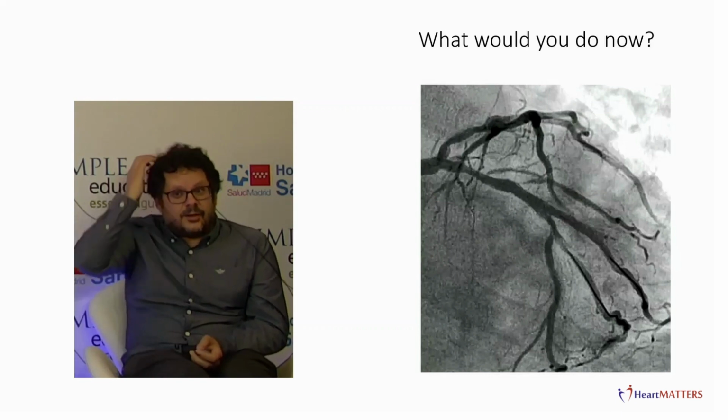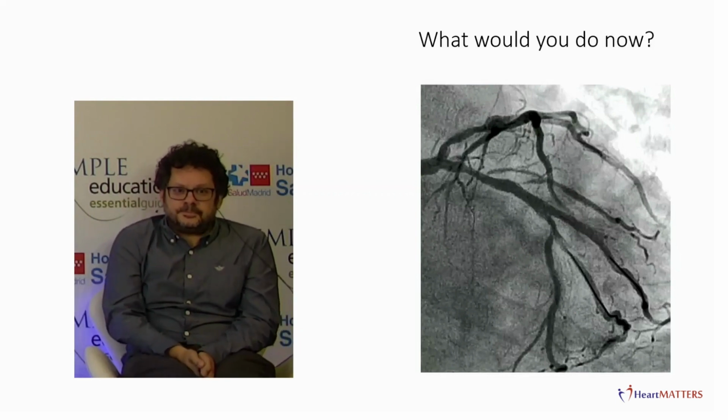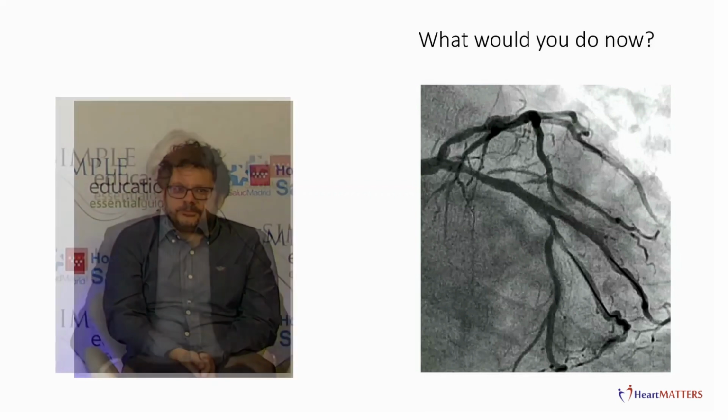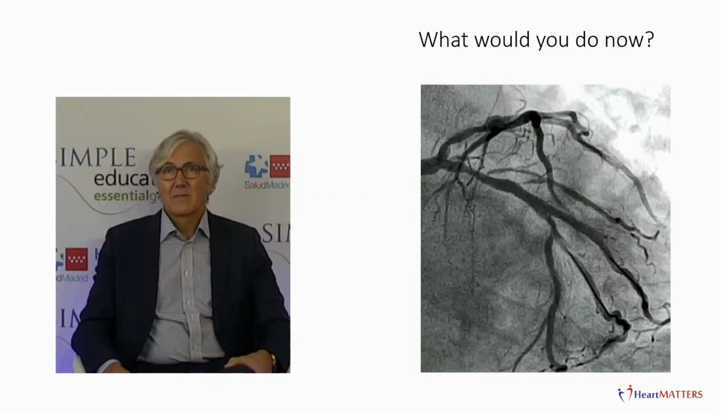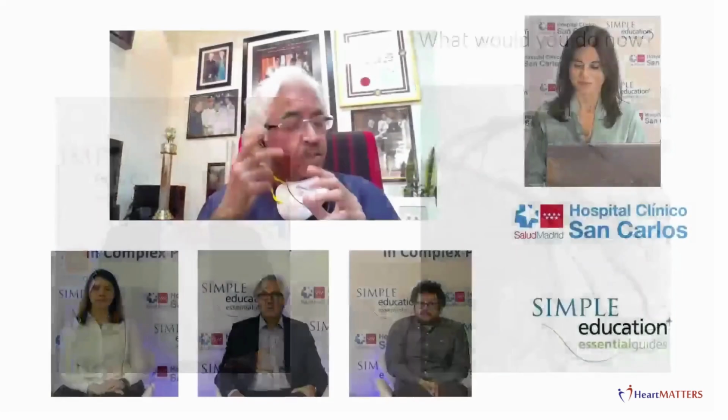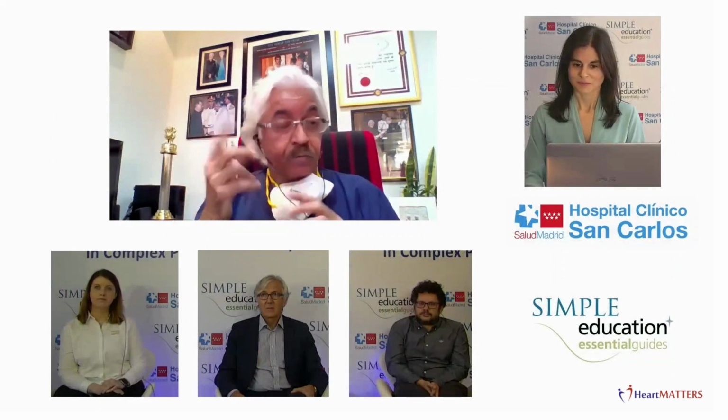But yeah, now you have to stent it. Ashok, do you agree? Yeah, I agree that it has to be stented. It's only a small vessel in terms of diameter, but it's a large territory in terms of distribution, and therefore we have no option but to stent it.